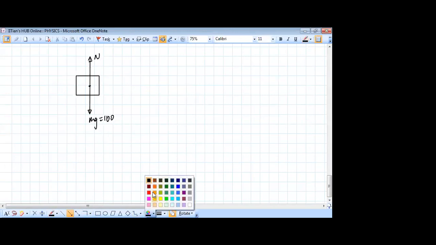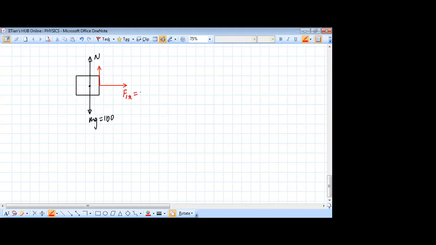now what we have done is we have replaced F1 with components. So F1's x component is 16 and F1's y component is 12.